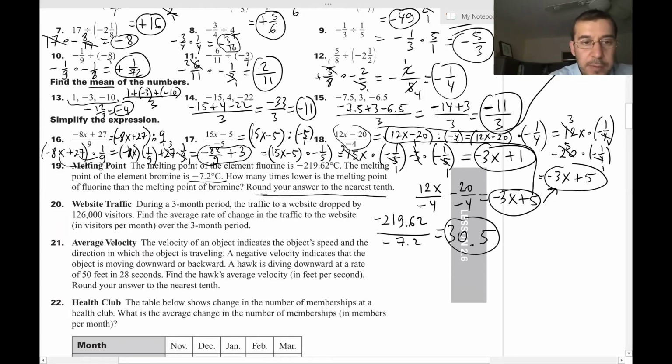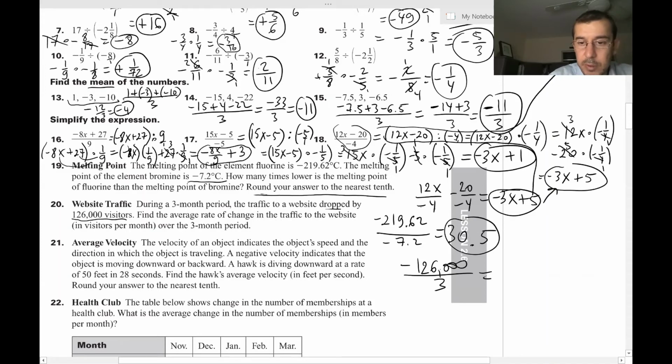20, website traffic during a 3-month period. The traffic to a website dropped, so dropped, that's going to be a minus, right? By 126,000 visitors. Find the average rate of change in the traffic to the website in visitors per month over the 3-month period. So it's going to be minus 126,000 over 3-month period.